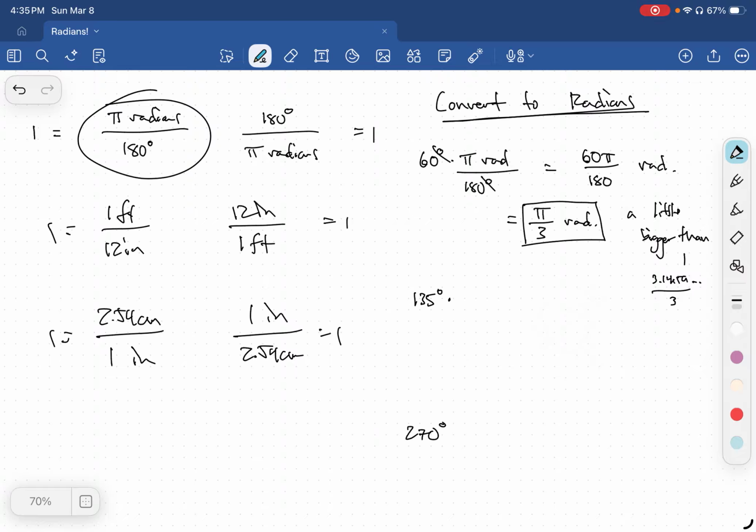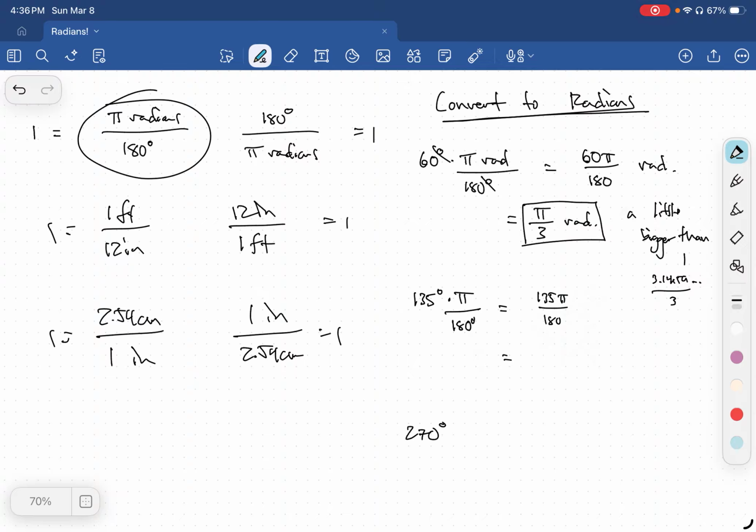Let's try with 135. We'll multiply by pi over 180 degrees. We end up with 135 pi over 180. And then we just need to simplify. Well, those are both divisible by 5.